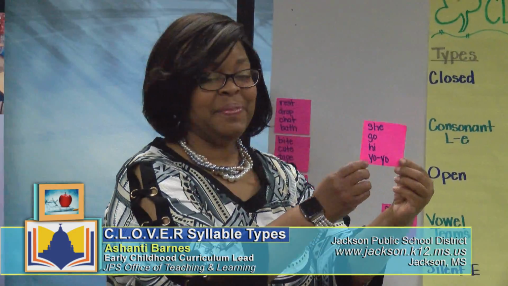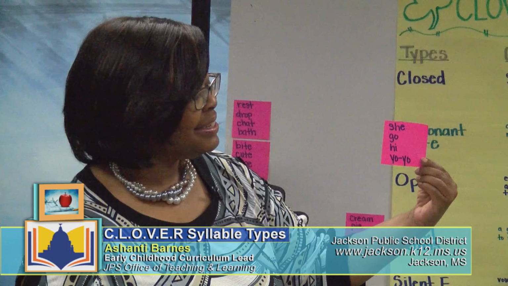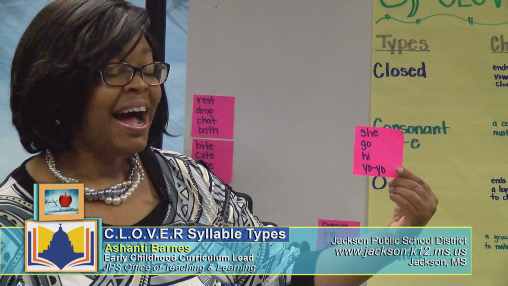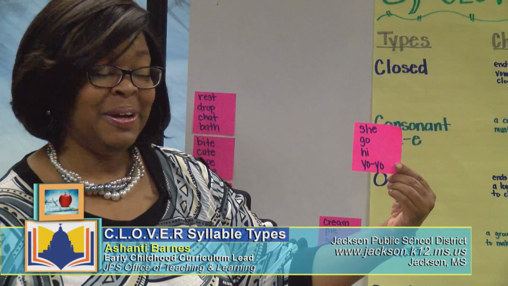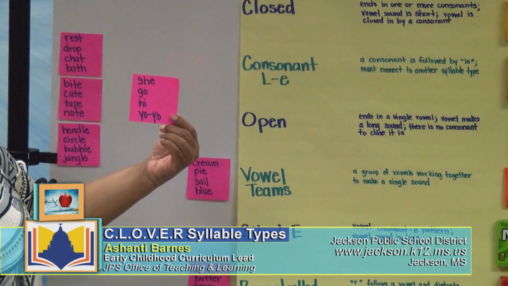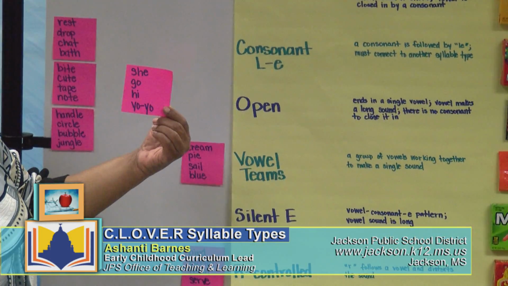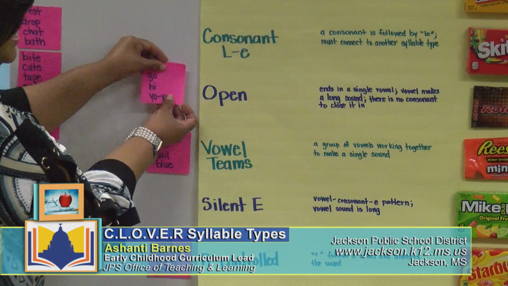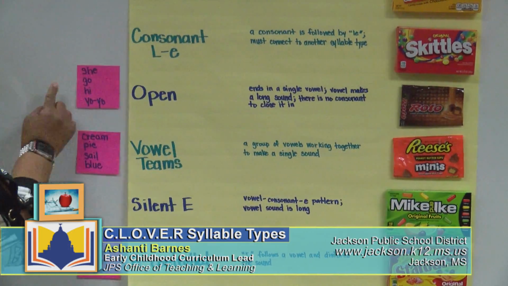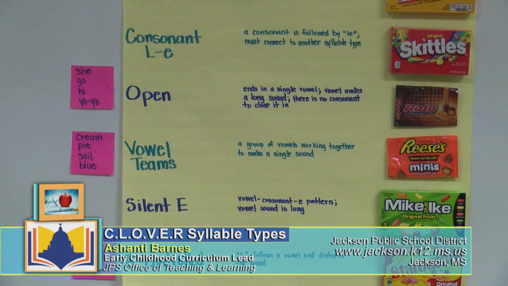Okay, here we go. Our next word list. She, go, hi, yo-yo. So what do you think? What type of syllables are these? Absolutely. That's an easy one. These are open syllables. Long vowel sounds, and there is no consonant to close it in.